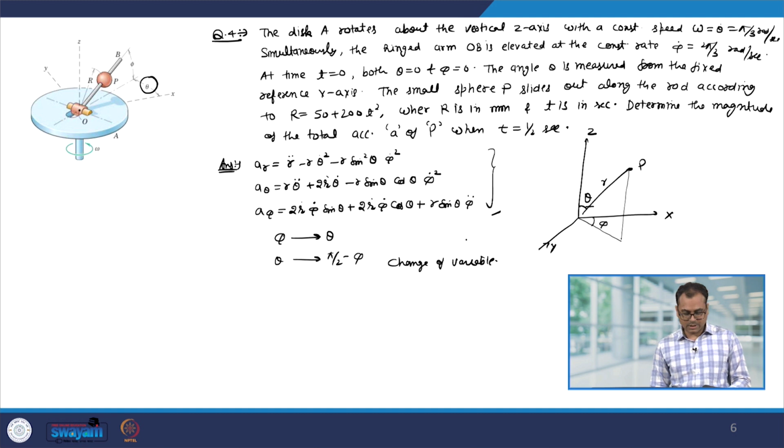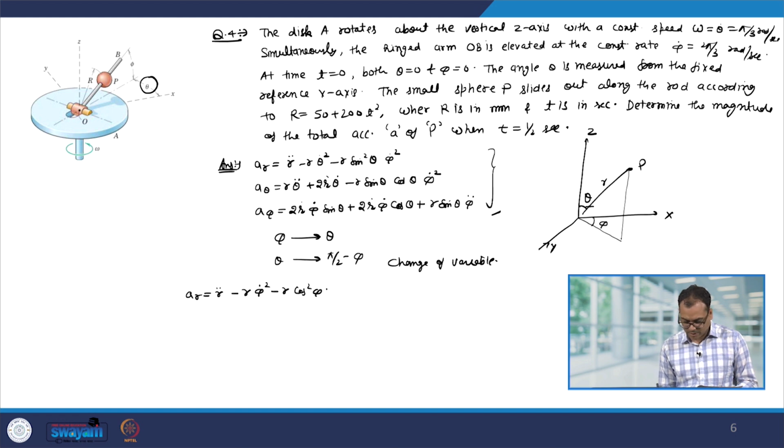in the above equation. So, we will have A r equal to r double dot minus r phi dot square minus r cos square phi theta dot square.